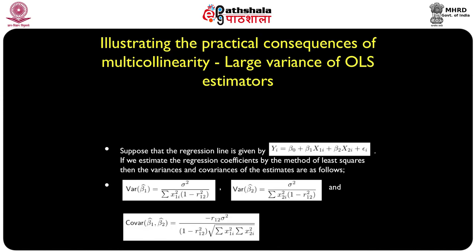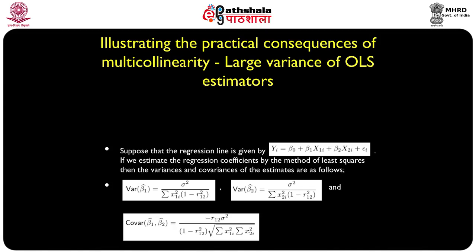Now let us look at each of these practical consequences of multicollinearity in detail. First, let us illustrate the practical consequences of multicollinearity: large variances of OLS estimators of regression coefficients.